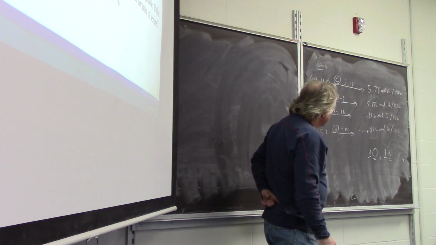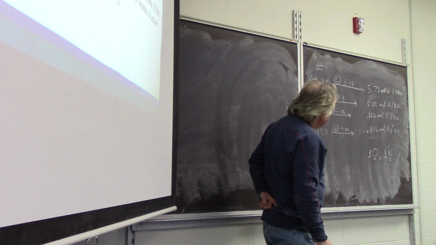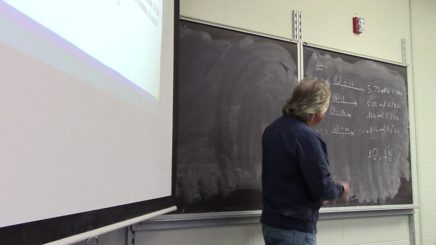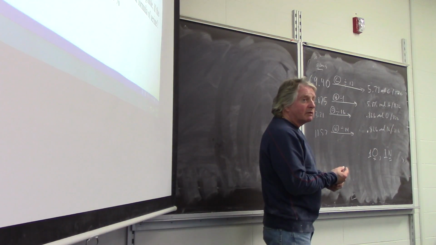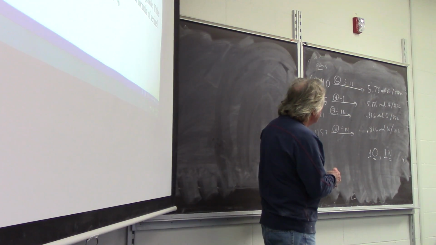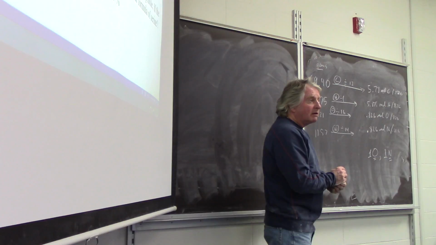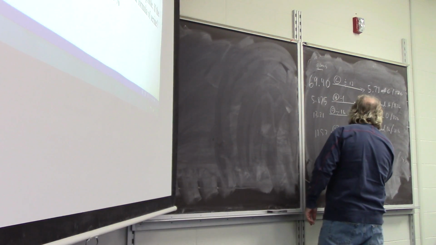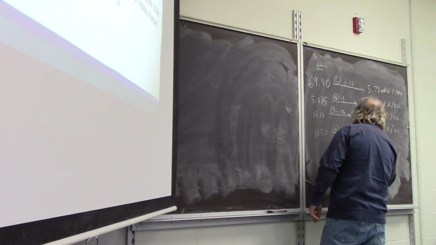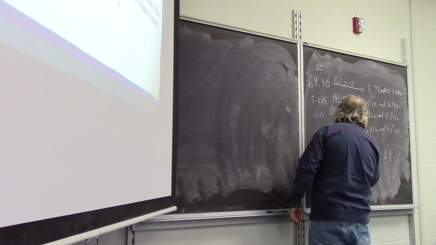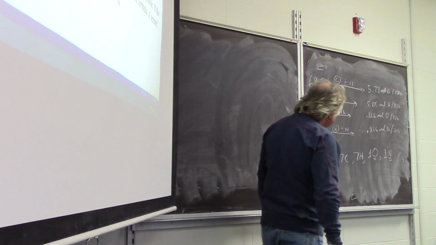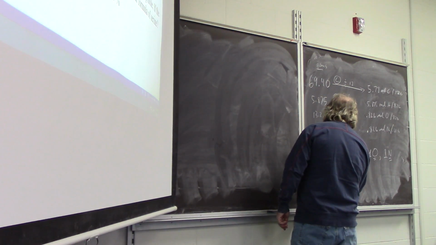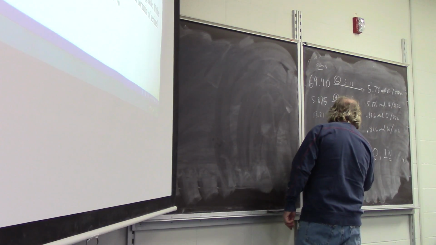Okay, how many hydrogens do you get? 5.87 divided by 0.826. What is it? 7. Okay, 7 hydrogens and 7 carbons. C7, H7, O-N.